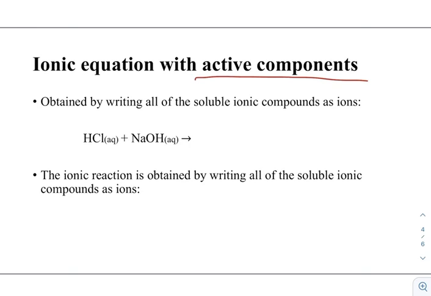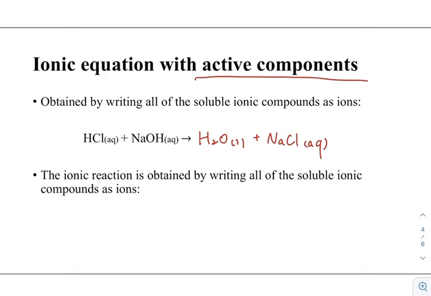First of all, I want you to predict the final products of the hydrochloric acid and sodium hydroxide based on the double replacement reaction. So we can see that the water will be formed because this is the strongest chemical driving force. And then the sodium chloride will be formed in its aqueous form, right?